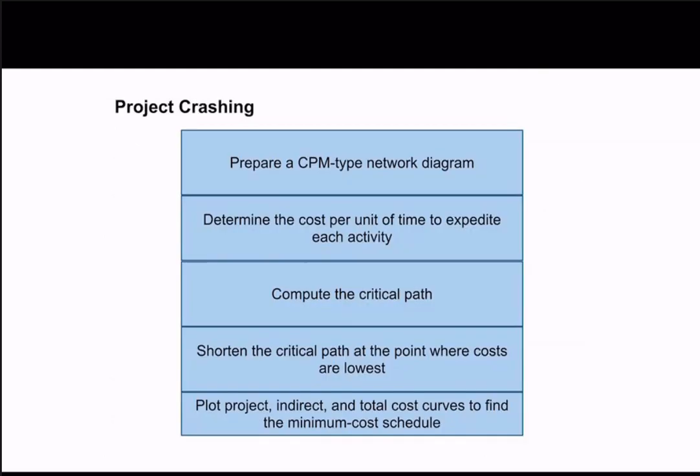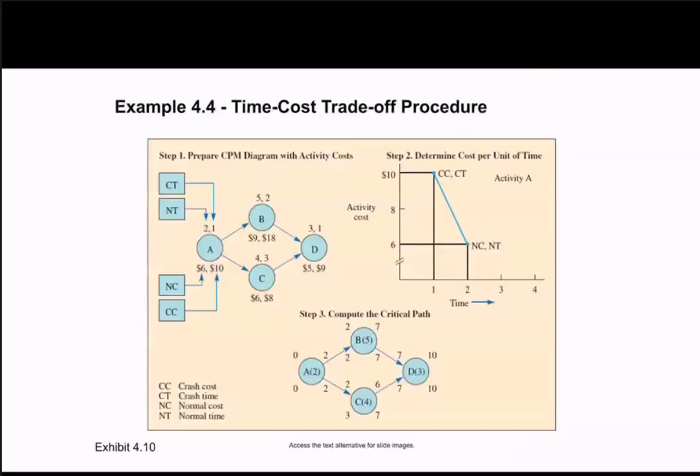Because project crashing actually extends the CPM, the first step we need is to prepare a CPM type network. And step 2 is to determine the cost per unit of time to expedite each activity. What does that mean? Take a look at the figures over there. This time we have 4 numbers here.